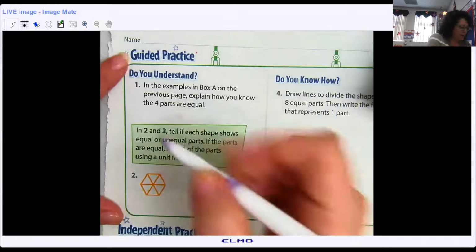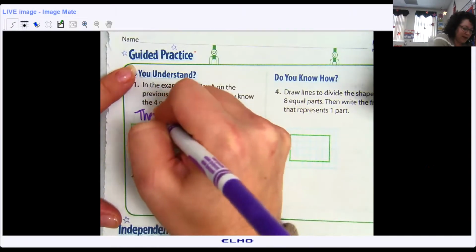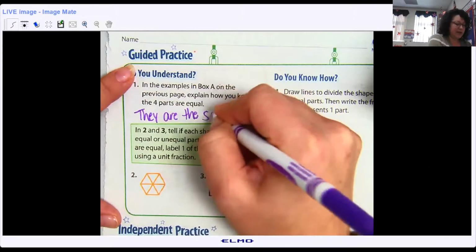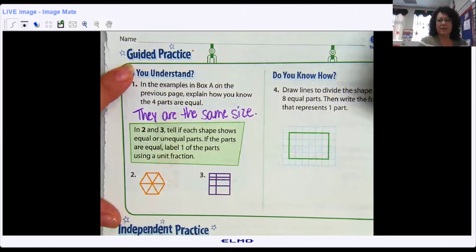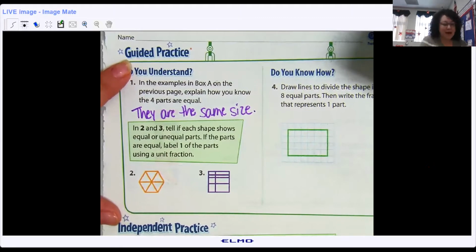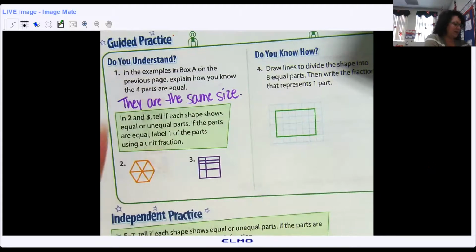Okay, so they are the same size, period. Just because we're in math doesn't mean we forget about capitals and ending marks.